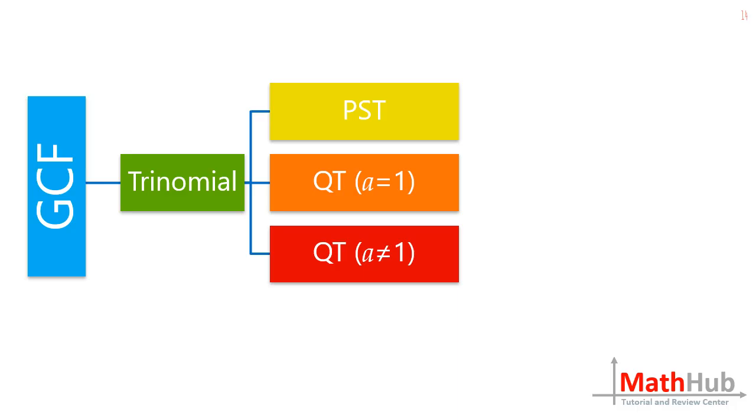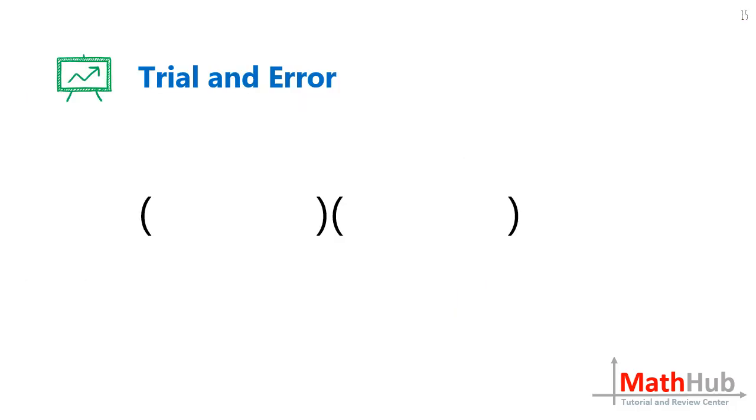What if we have a quadratic trinomial with a not equal to 1? As you can see here, I already have a coefficient for x squared. What we do is we proceed by trial and error. Although it's not really that trial and error, it is just the opposite of FOIL.